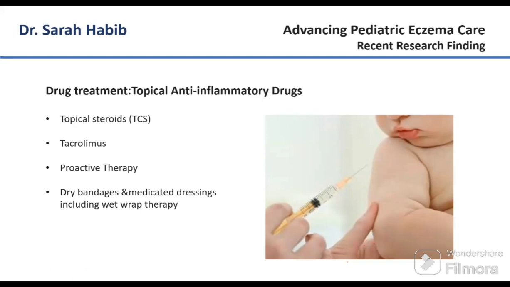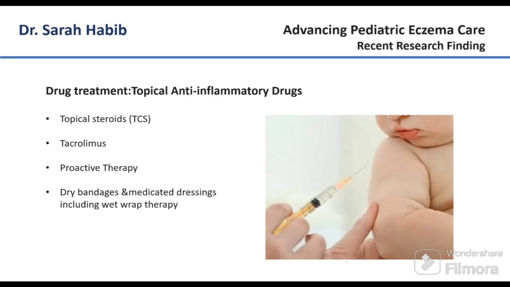Then there is another drug, not very new, which is tacrolimus, a very safe drug to use after steroids, when the patient is in remission and relatively in a safer zone. To maintain that, we can prescribe tacrolimus.